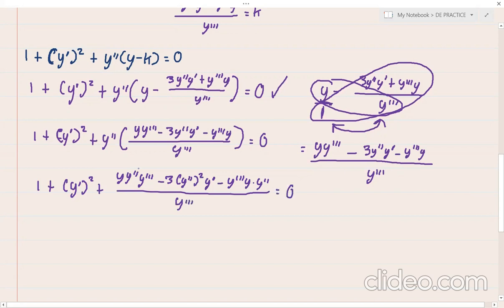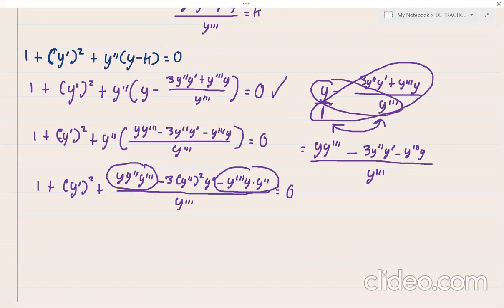And also, kung mapapansin nyo, itong si first term, which is y second prime at y third prime, tapos dito sa dulo, negative y third prime, y at y second prime, both of them are similar to each other kasi may parehas silang y second prime at y third prime. So we can combine them because both of them are similar terms.